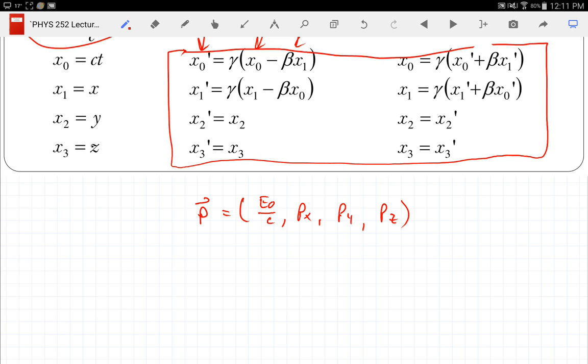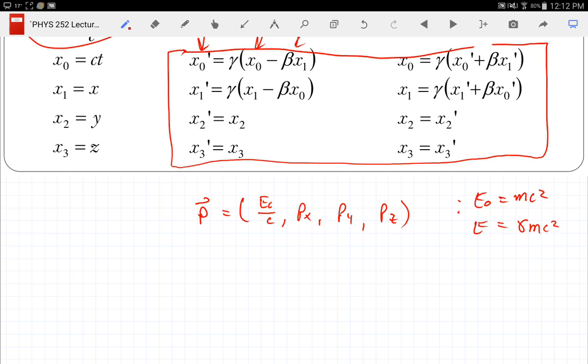E0. What is E0? It's called the rest energy, and it's mc squared, right? Einstein's famous E0 equals mc squared. A lot of times people drop the 0, but it's not correct if you drop the 0. E0 equals mc squared. E is equal to gamma mc squared.